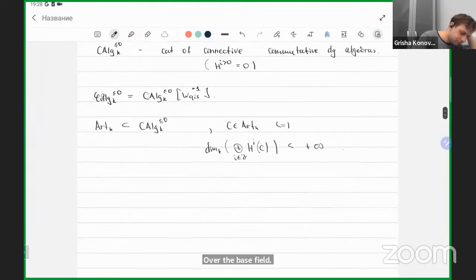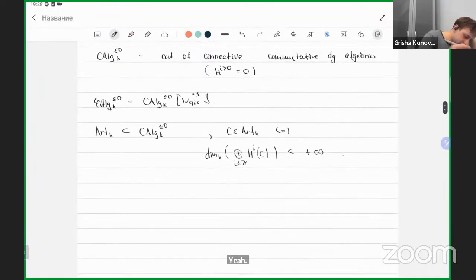And we will also use a curly fancy font to denote the category of Artinian algebras with the quasi-isomorphisms inverted.